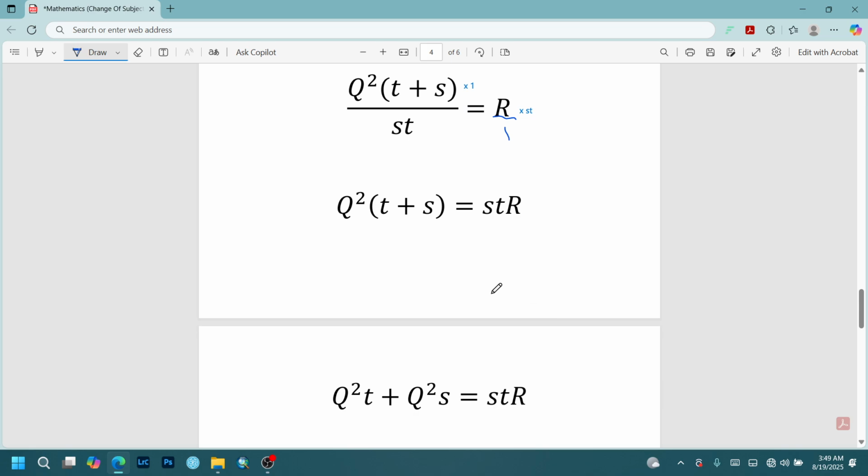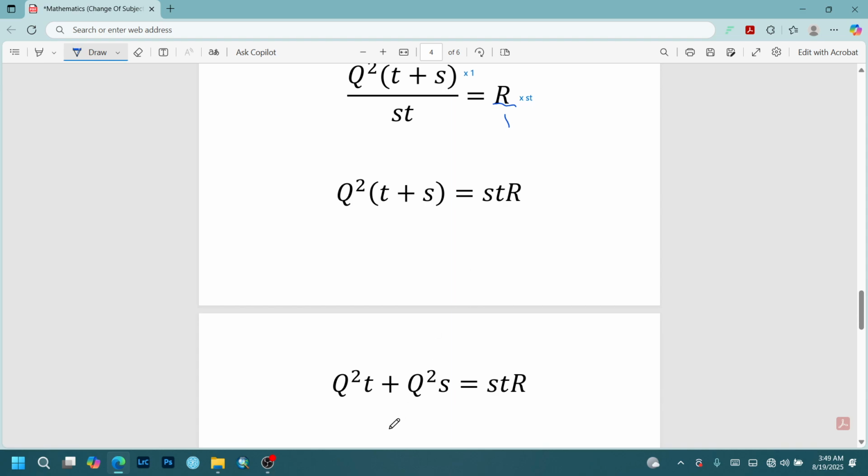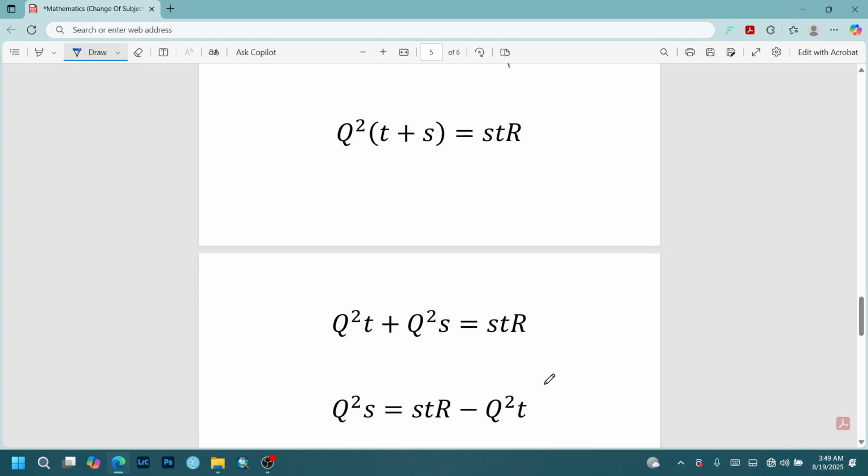So from here you have to expand. In expanding, k square would multiply t to become k square t, right? And k square would multiply positive s, right? They are all positive numbers, to give us positive k square s, right? Equals str.